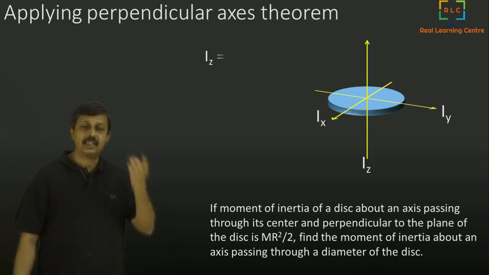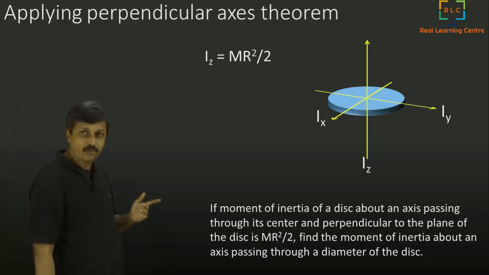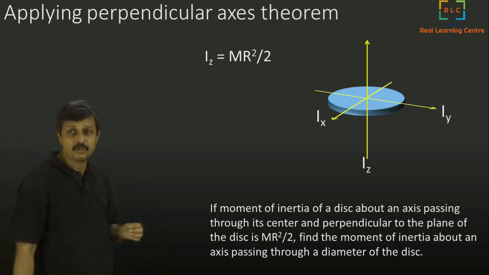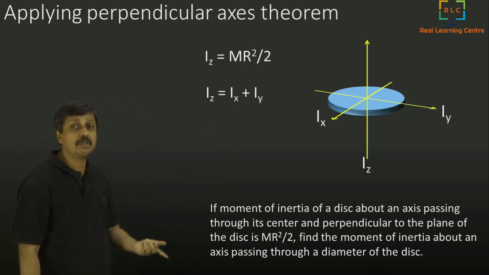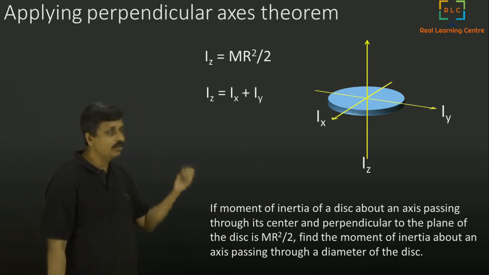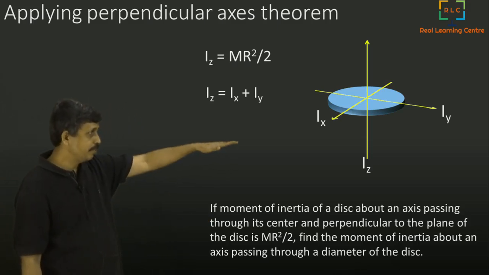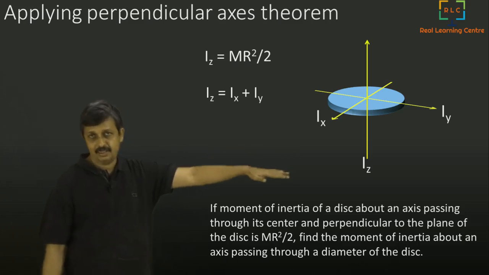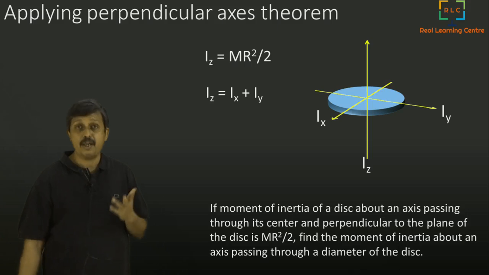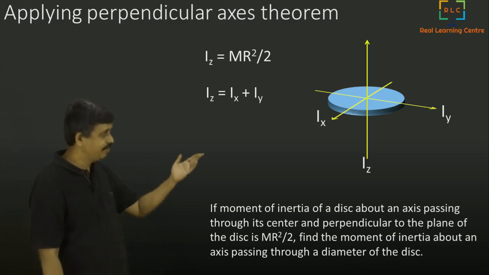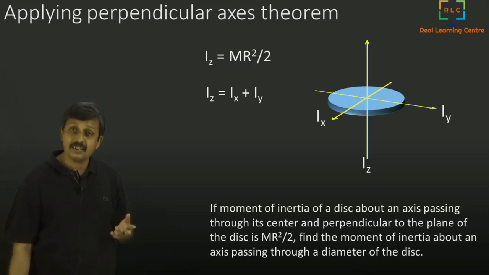You use the perpendicular axis theorem. You know that Iz has been given as mr square by 2 for this axis. By the perpendicular axis theorem, Iz equals Ix plus Iy, two mutually perpendicular axes on the plane. Whenever they say you calculate along the diameter, it could be Ix or Iy, any one along the diameter, and they have to be equal.